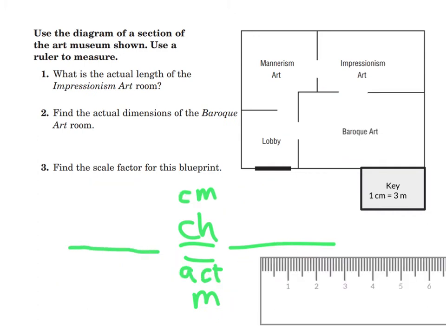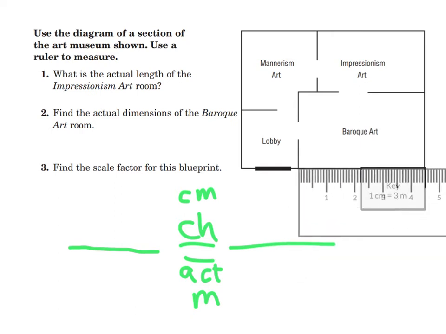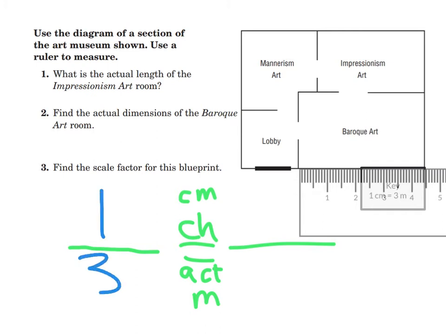Next problem says find the actual dimensions of the Baroque art room. So let's go ahead and measure that again. The Baroque art room looks to be 4.5 centimeters. So again, I'm going to write in my scale that I know, which is 1 centimeter equals 3 meters.